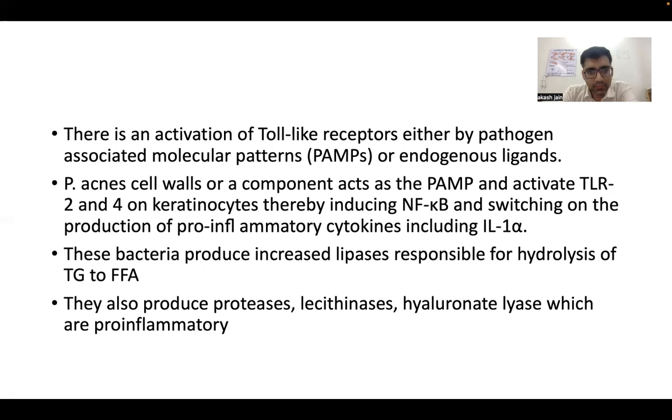These bacteria produce increased lipases responsible for the hydrolysis of triglycerides to free fatty acids. They also produce protease, lecithinase, and hyaluronate lyase, which are pro-inflammatory.